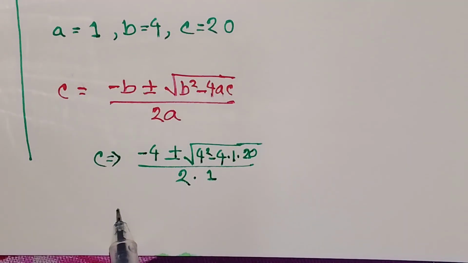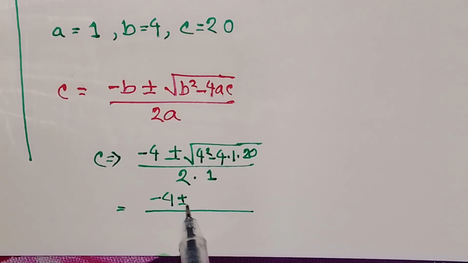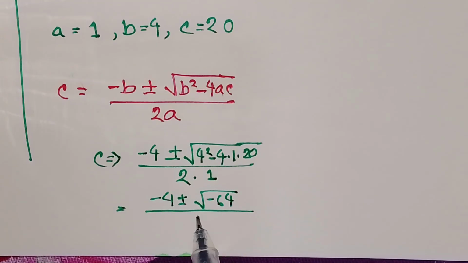After that we'll get minus 4 plus minus root over minus 64 by 2.